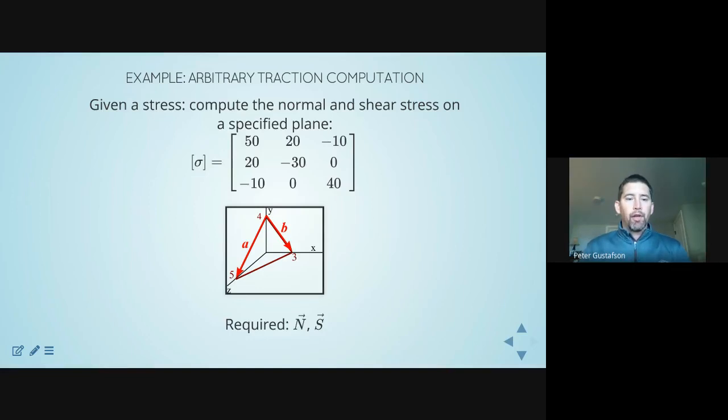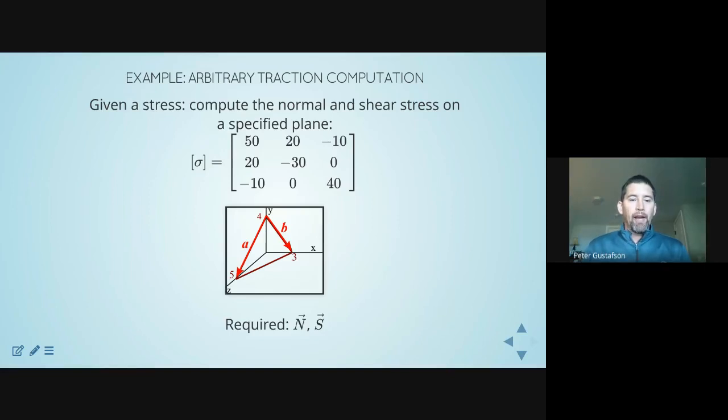The stress tensor in this case, I'm going to give as 50, 20, minus 10; 20, minus 30, 0; minus 10, 0, 40. Of course, along the diagonal are the normal components. The off-diagonal components are shear components. And you remember the subscripts, xx, xy, xz, yx, yy, yz, and so on. The plane that I would like you to compute the normal and shear components for is shown in this image.